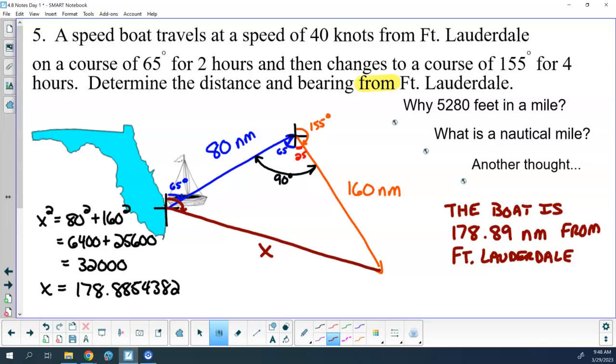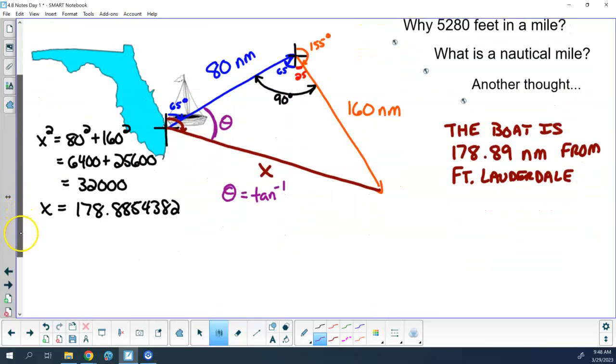Okay. We can find this angle right there. How can we find that angle? Tangent. Okay. So that angle, let's call it theta, is going to be the inverse tangent of what? 160 over 80.